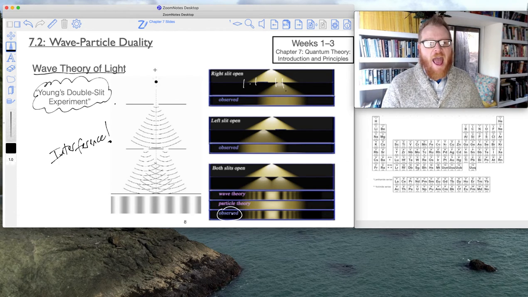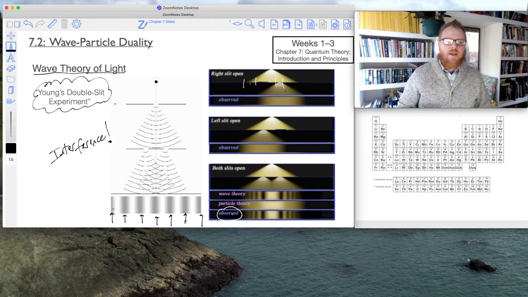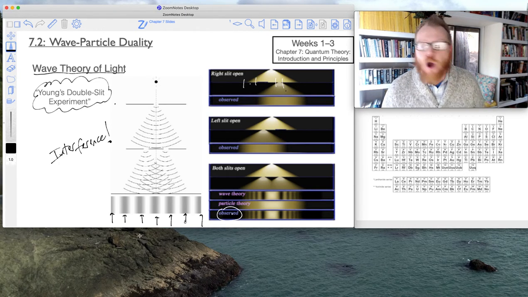As the wave front propagates through the double slits, there are going to be regions of constructive interference and regions of destructive interference that give rise to this banded structure. So where you see regions of light, like perhaps here and here and here and so on, those are regions of constructive interference.